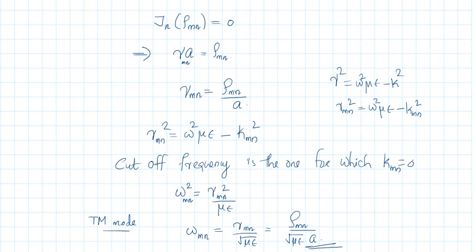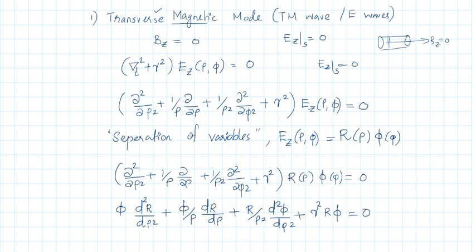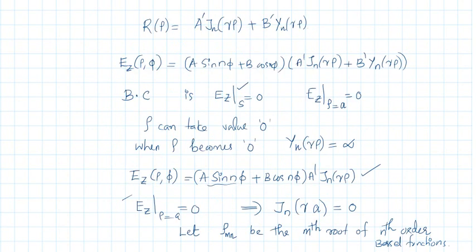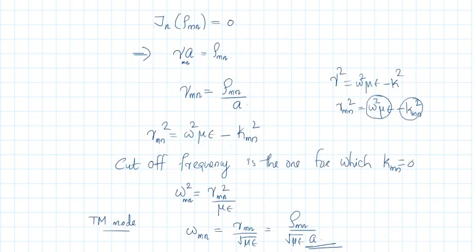And as long as k square is less than omega square mu epsilon, gamma square will be positive. That gamma square should be positive in order to have an oscillating solution. So for that, omega square mu epsilon should be greater than k square mn.